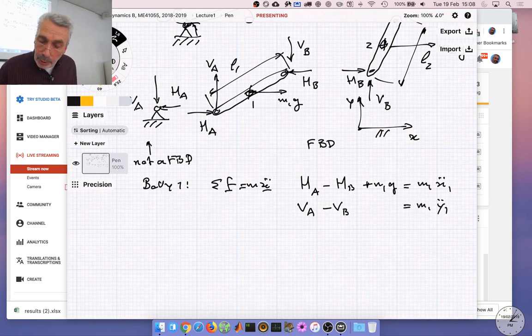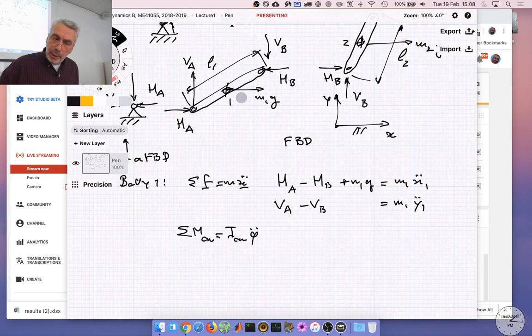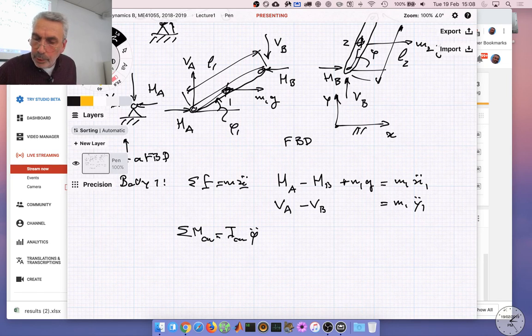And then now comes this Euler thing. Sum of the torques about the CM is the ICM times phi double dot. So what are the forces? So here is the center of mass. Now it helps sort of to put in the angle, to draw in. This is the phi 1 angle, and this is phi 2, which we'll need in a moment, but for this one.